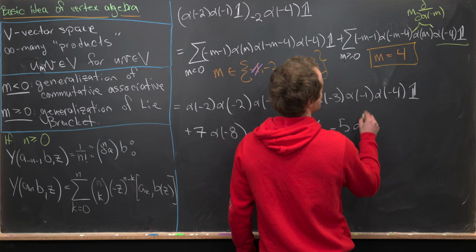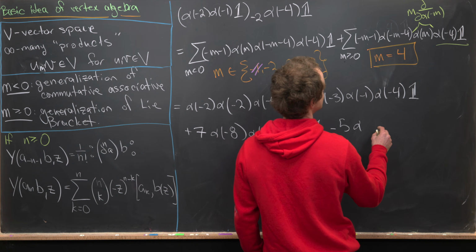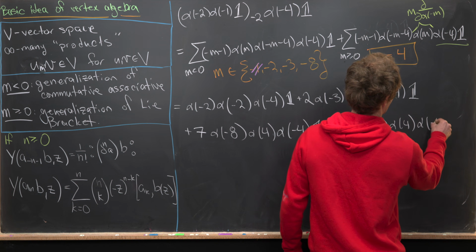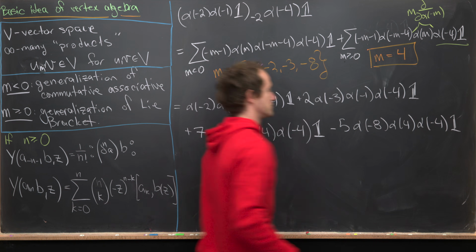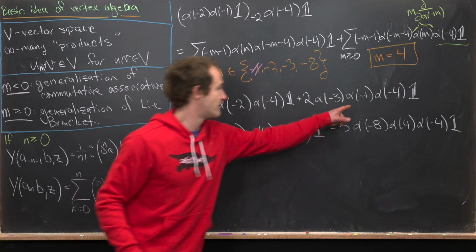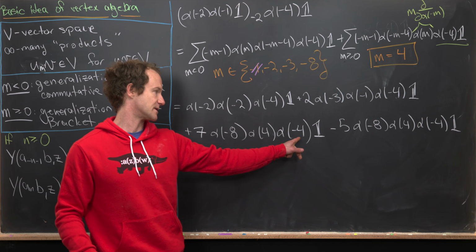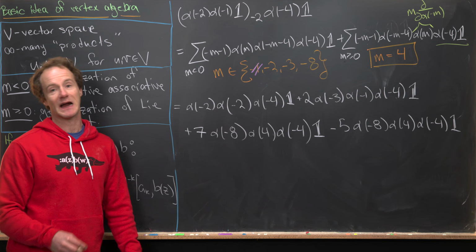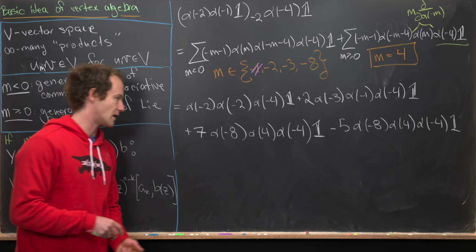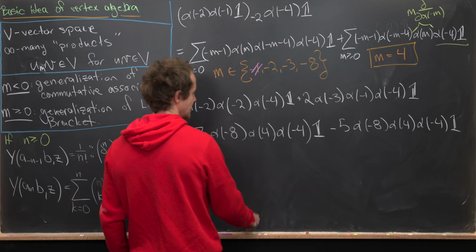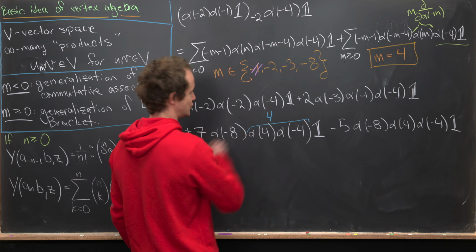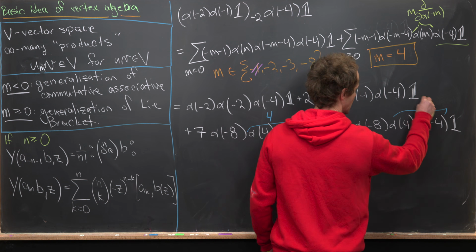And then we'll have alpha -8, alpha 4, and then alpha -4 on the vacuum. Great. But now we'll use the fact that alpha 4 acts as a partial derivative with respect to alpha -4 and a multiplication by 4. So that'll allow us to simplify this. These guys right here collapse just to the number 4, like that.